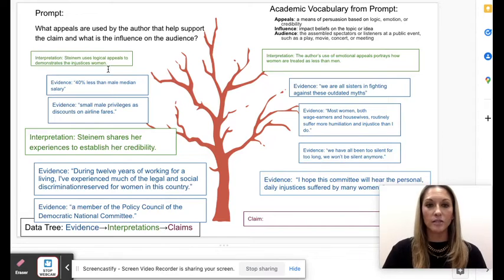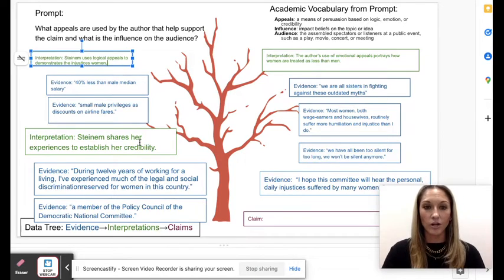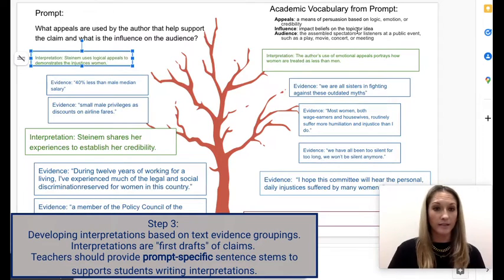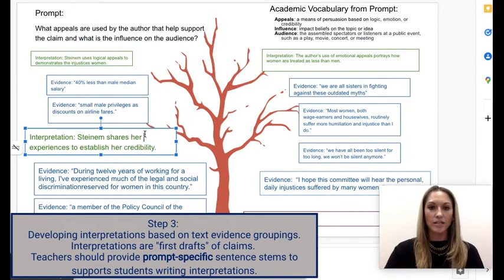So the interpretations that we found for this text are in green. The first interpretation: Steinem uses logical appeals to demonstrate the injustices of women. Remember, I have to talk about appeals anyway, and that's part of my academic vocabulary that I identified before I started this process. Another interpretation we made was Steinem shares her experiences to establish her credibility.